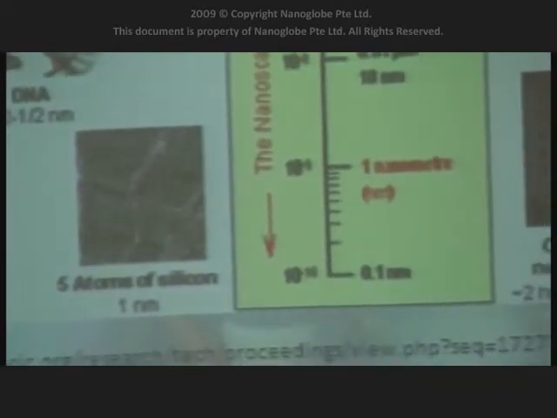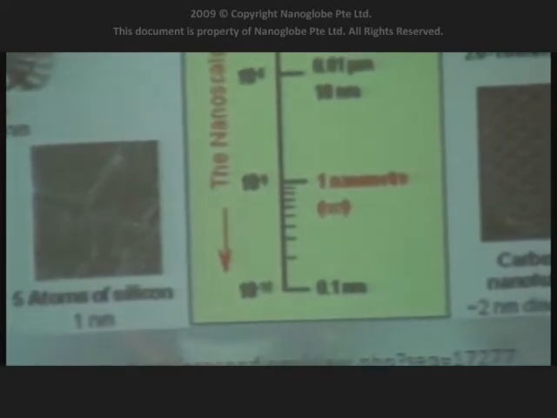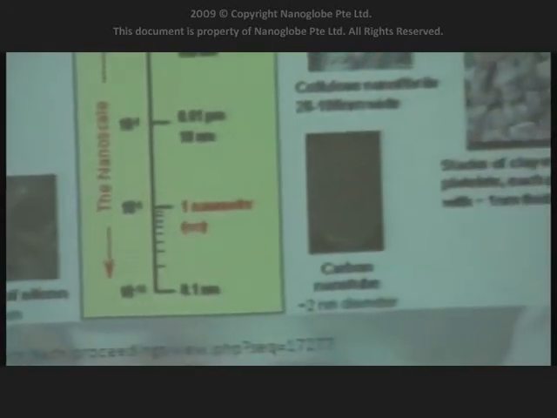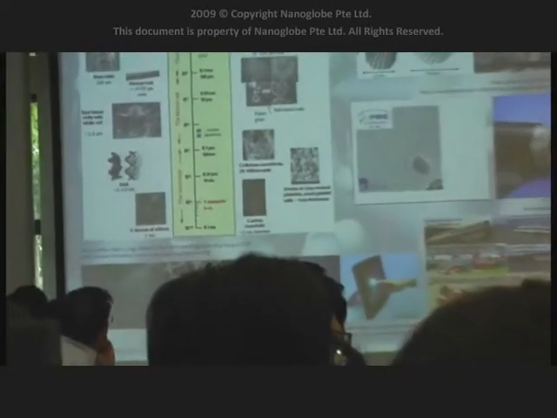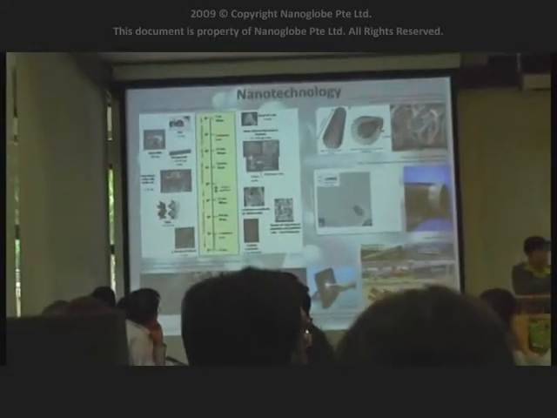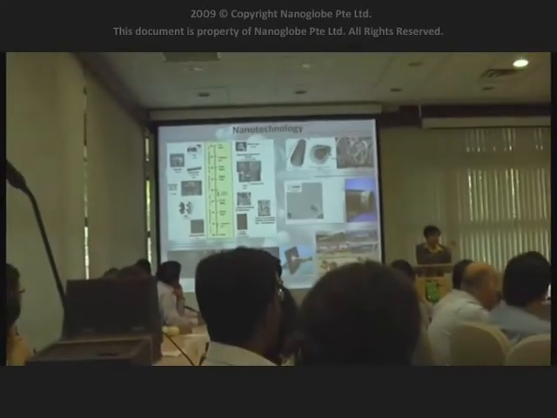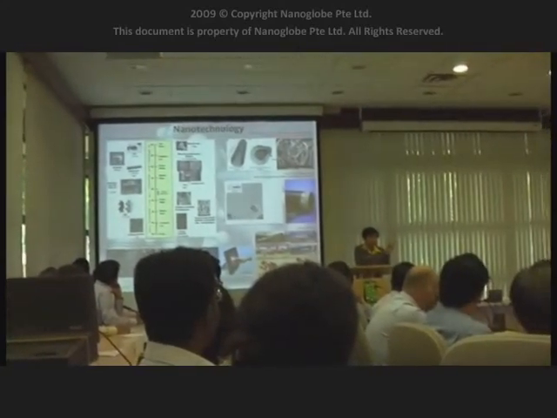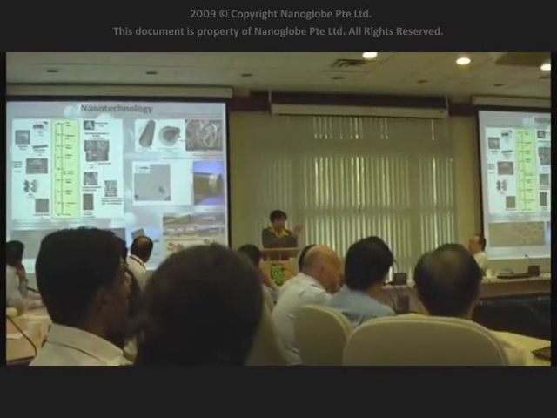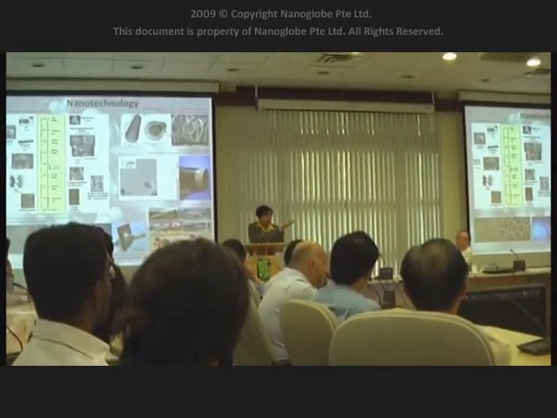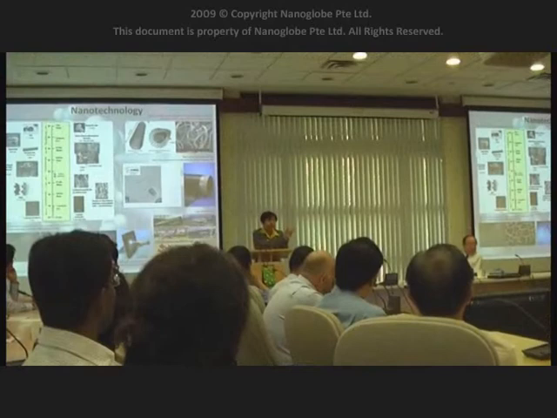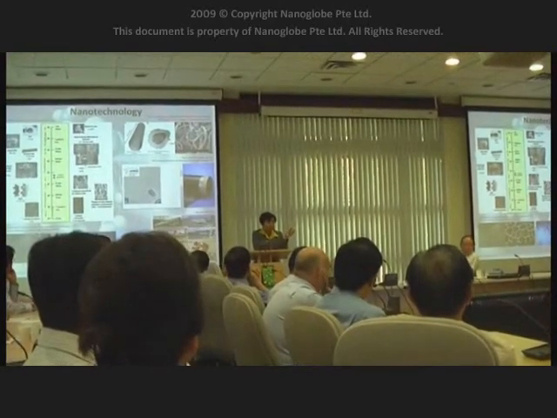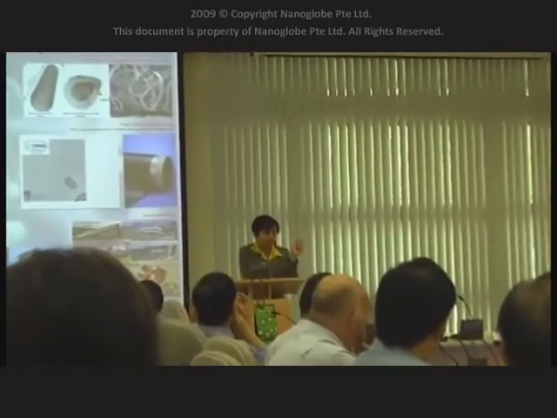And then you can see blood cells, also size of order of a micron. And a hair, human hair, is the order of 100 micron. And if you keep zooming down, you see DNA. The width of a DNA is the size of a nanometer. And of course, size of atom is 0.1 of a nanometer.